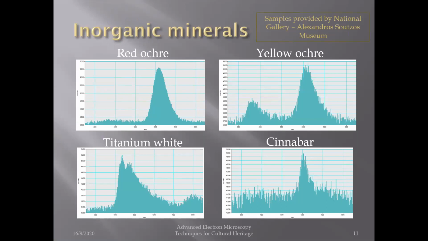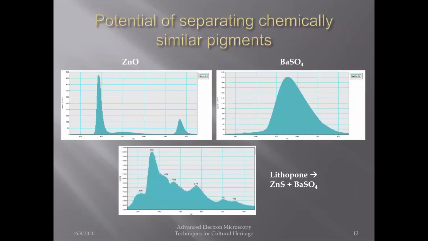For example, here you can see that we can differentiate between a red ochre and a yellow ochre quite clearly. Also, the technique has good results in differentiating between chemically similar or chemically complicated pigments.